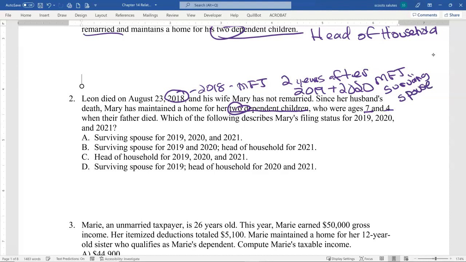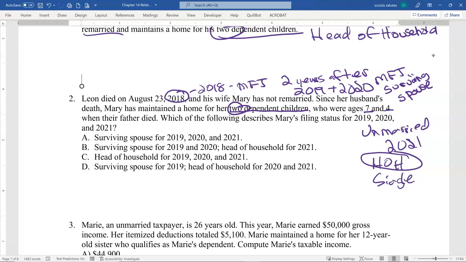But then after those 2 years, you'll be going back to your unmarried situations. So you'll be considered unmarried for 2021. And what you want to look for is, are you going to be head of household or single? In this case, there is a dependent and will be a dependent still in 2021. So you're going to be a head of household in 2021.